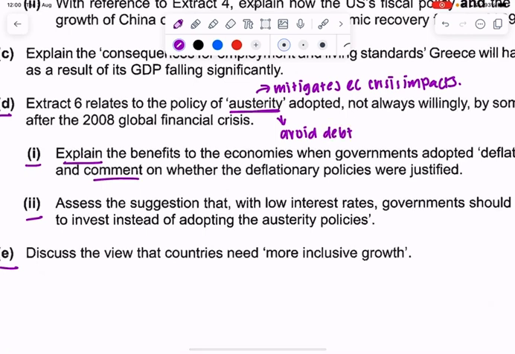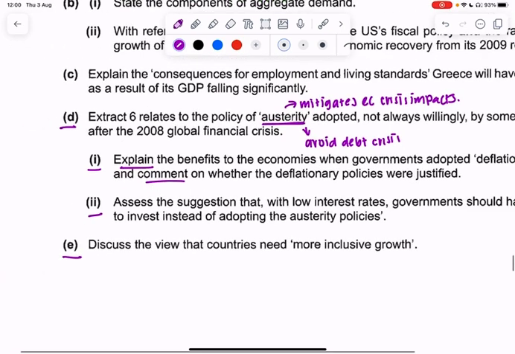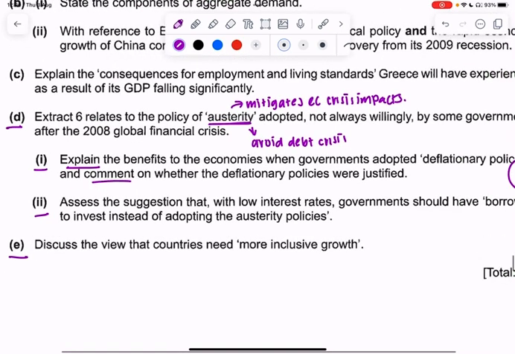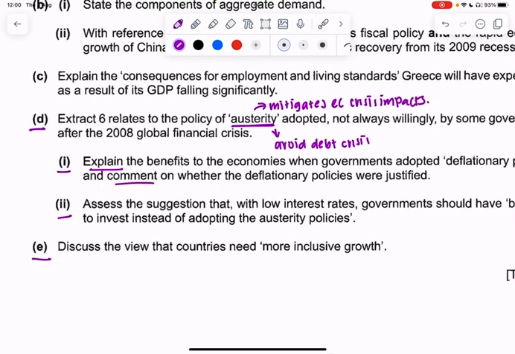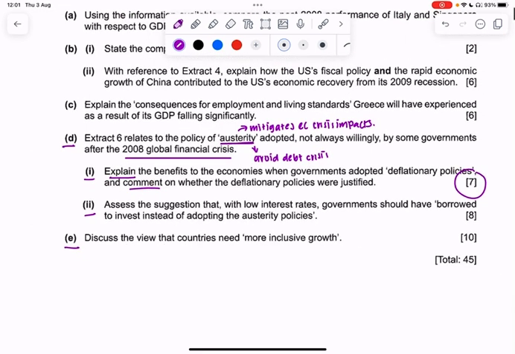If you want to avoid a debt crisis, it's likely to deal with maybe an increase in taxes or a decrease in G. And then we look at the context they give us, the 2008 global financial crisis. So even before reading the extracts to this case study, we have a rough idea of what the case study will tell us about.